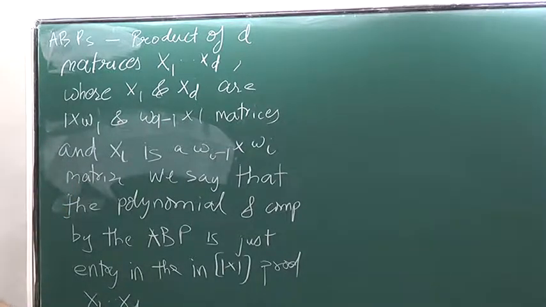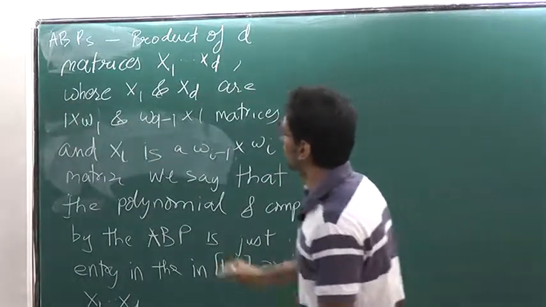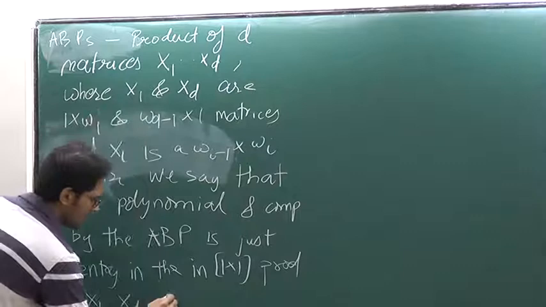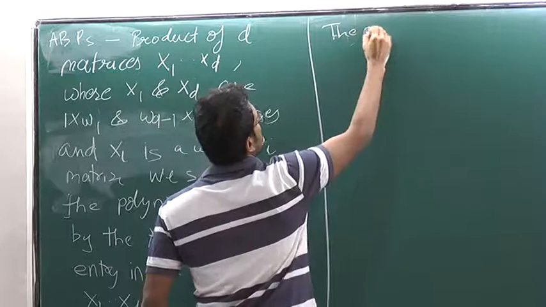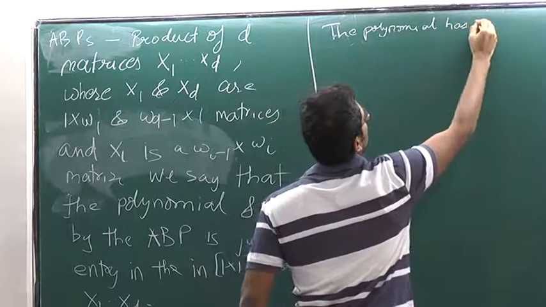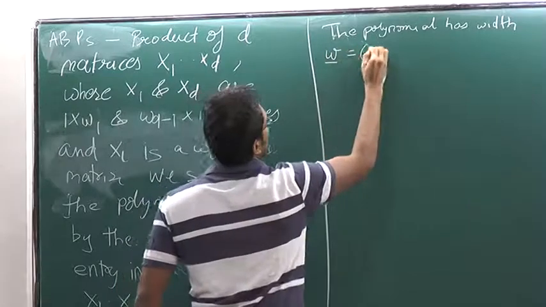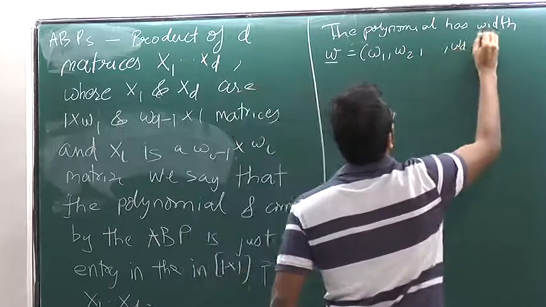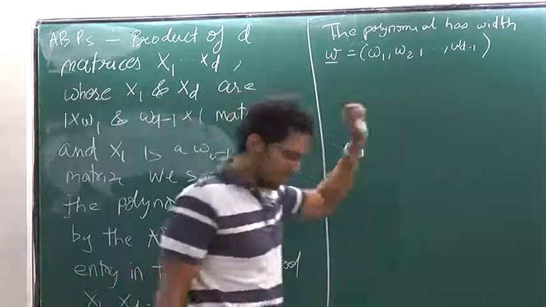This is a 1 cross 1 matrix, and the polynomial computed by this ABP is just the polynomial entry in it. We also say that the ABP has width W. This is just a notation.